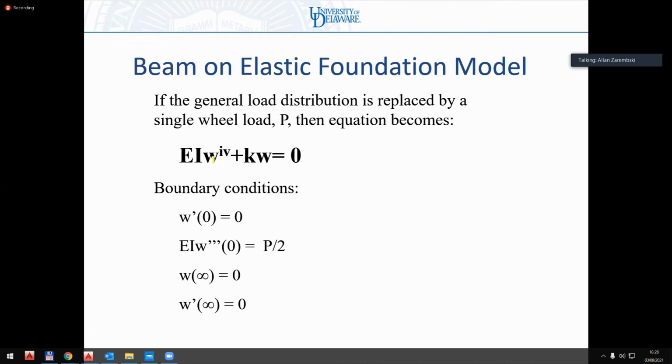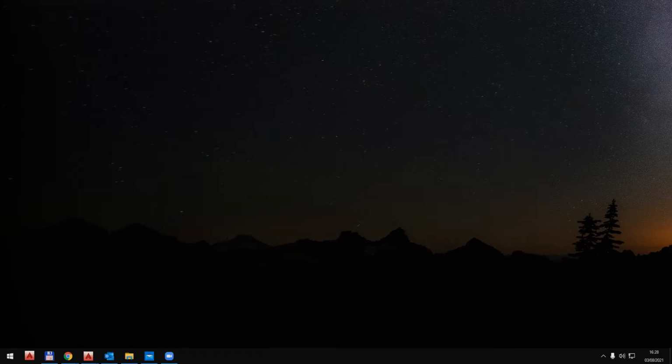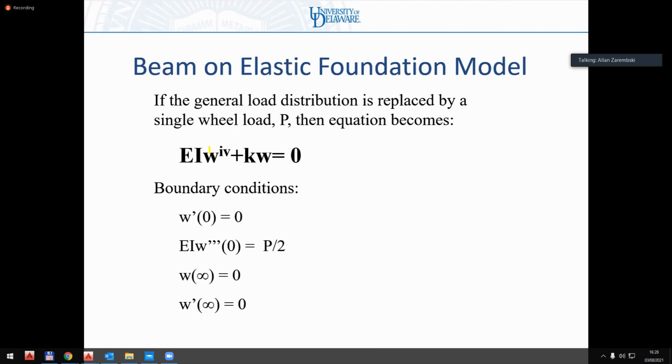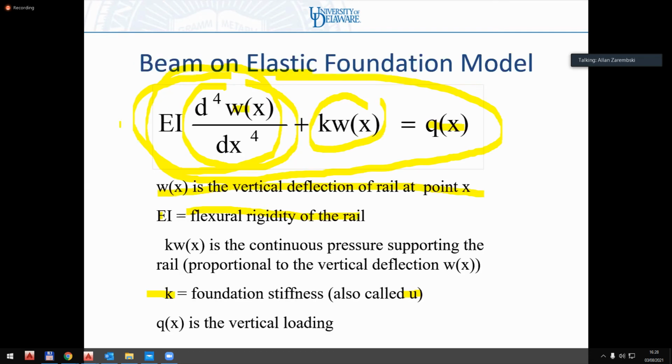So hopefully you're all familiar with the notation. This notation W⁗ is the same as d⁴W/dx⁴. It's just a shorthand notation to save me time in the writing.